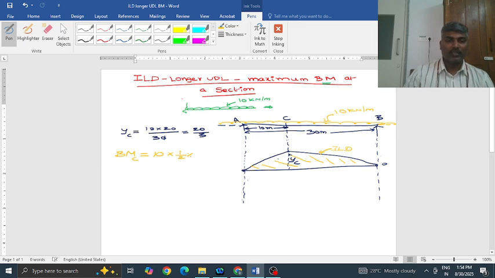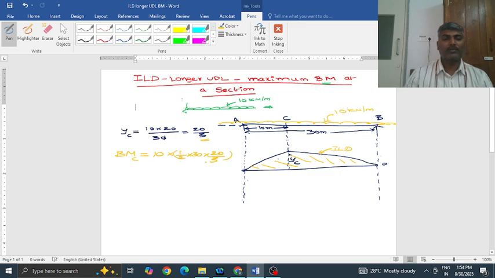Writing that total area: half base, the span itself, 30 meters is the base of the triangle, and the height of the triangle we just found is 20 by 3.